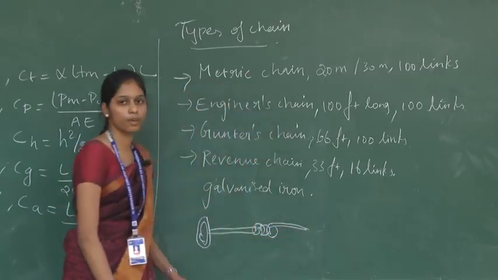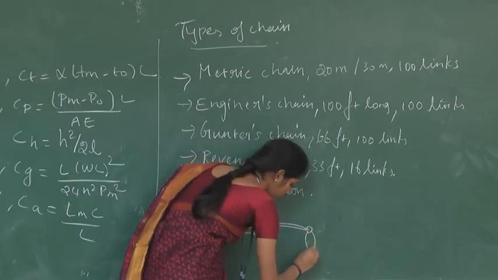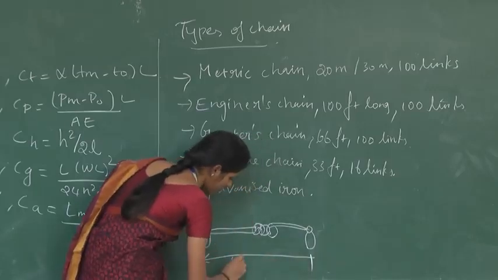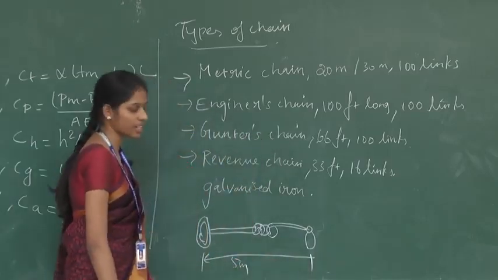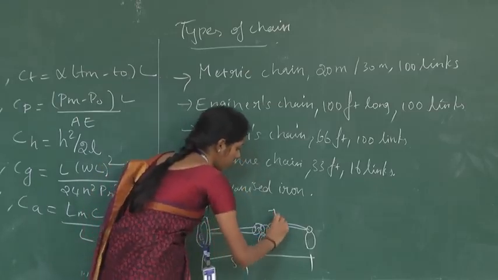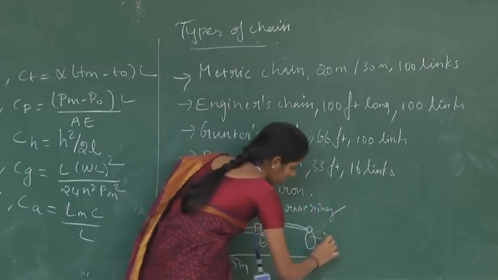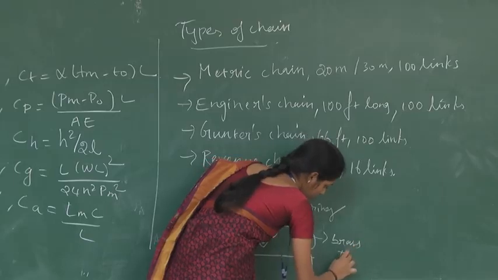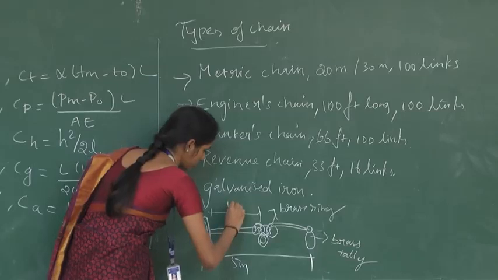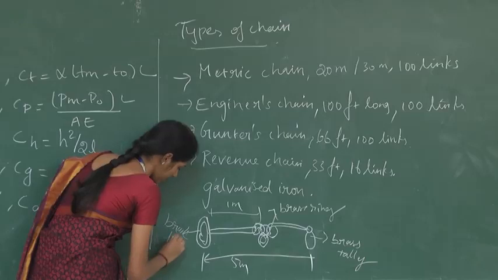And in order to separate the distance, there will be brass tallies for every 5 meters. For every 1 meter, there will be brass rings. These are the brass rings. This is said to be a brass tally. And this is the brass handle.